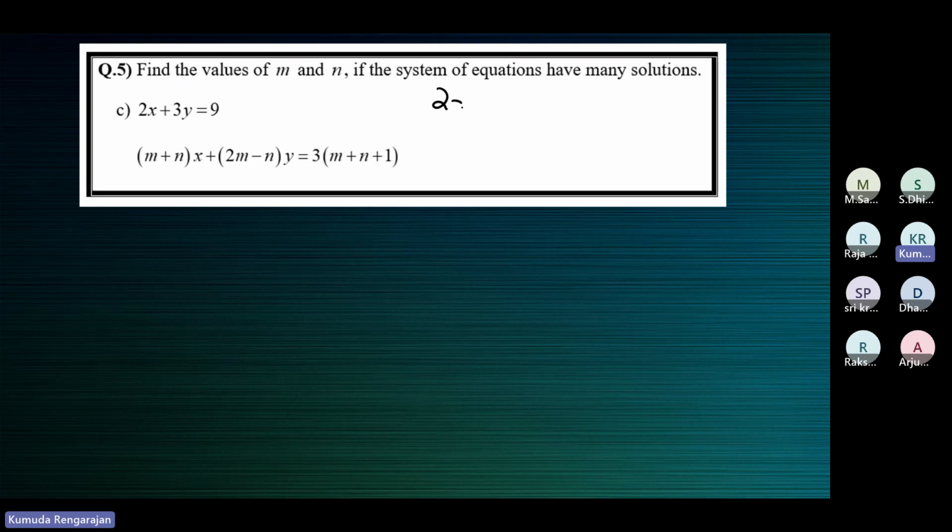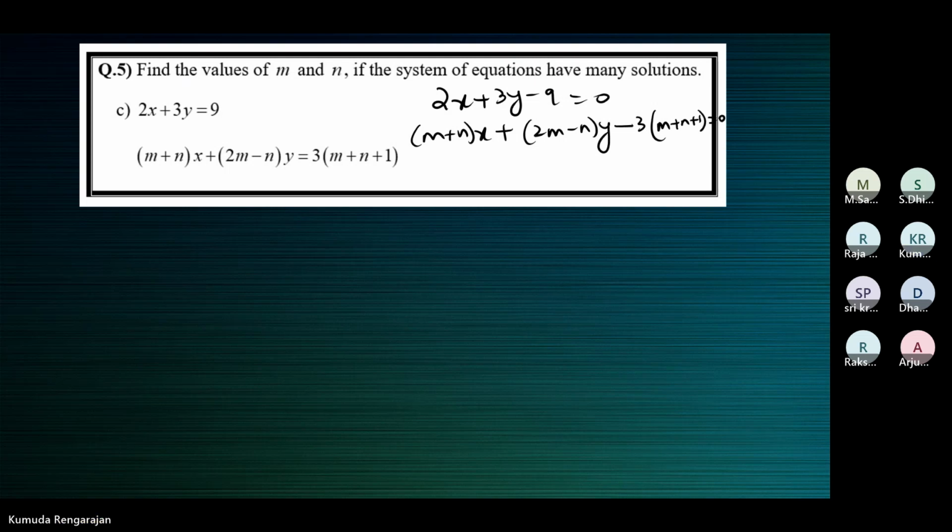So you must transpose: 2x plus 3y minus 9 is equal to 0, m plus n of x plus 2m minus n of y minus 3 of m plus n plus 1 is equal to 0. Work this, I'll come back in 5 minutes.